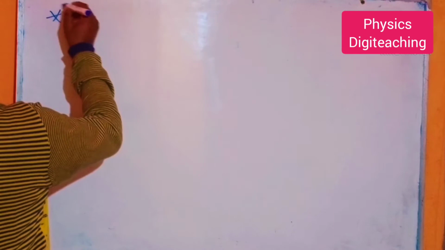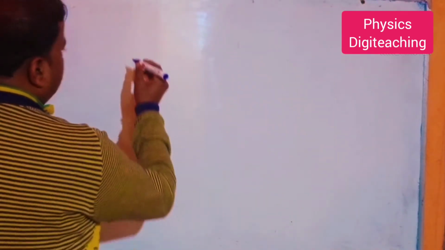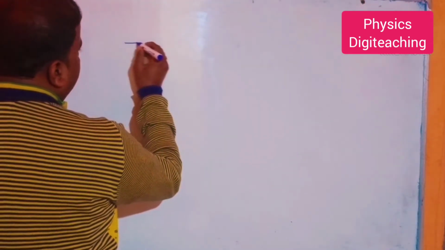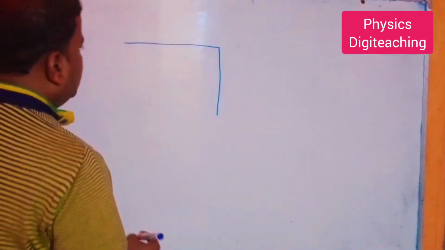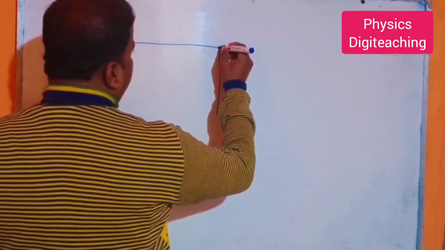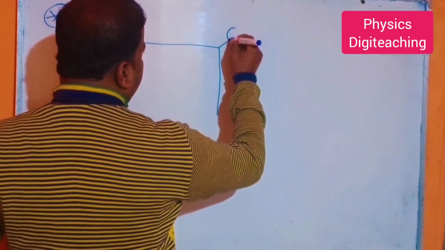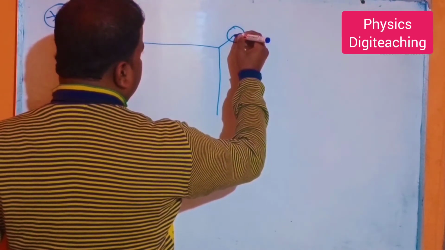Next we go to our problem. Say this is a smooth table, and here is a pulley.